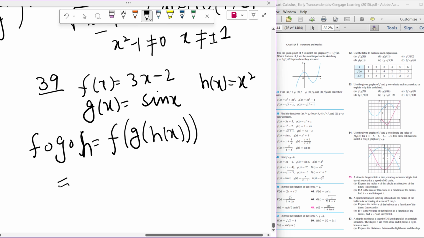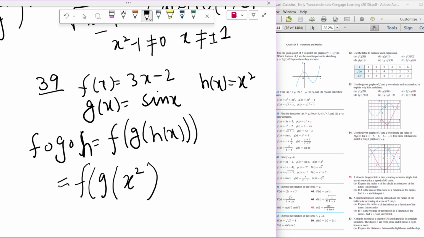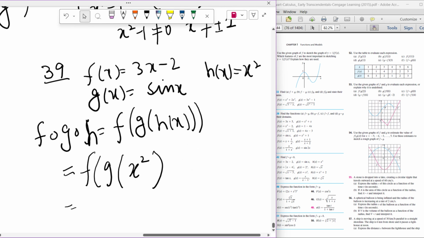So if I write f of g of h of x, instead of h of x, just put the value, that is h of x is equal to x squared. So I have put x squared. This is the first step. Now I put the value of g of x, that is sine. So replace the x with the value of g of x, that is sine of x.